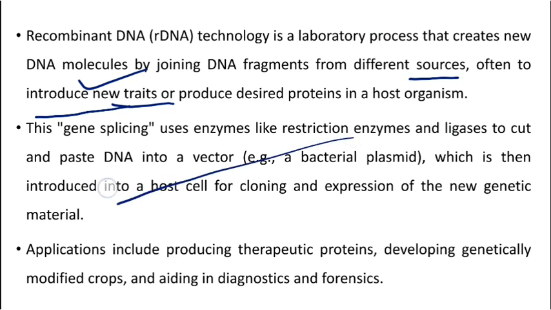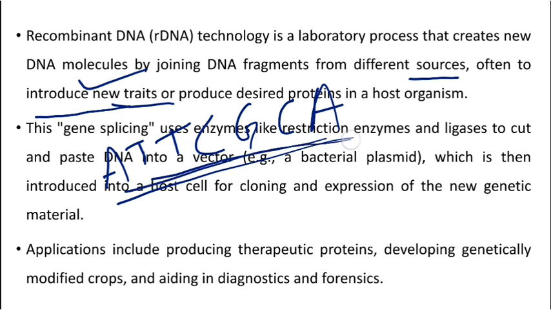Generally DNA combination, so suppose this is a DNA combination. So this technology modifies the combination or set of genes or these nucleotides by joining two DNA fragments from different sources to introduce a new character or to generate a desired product or protein.